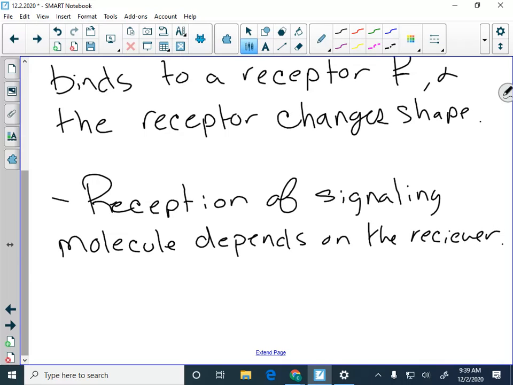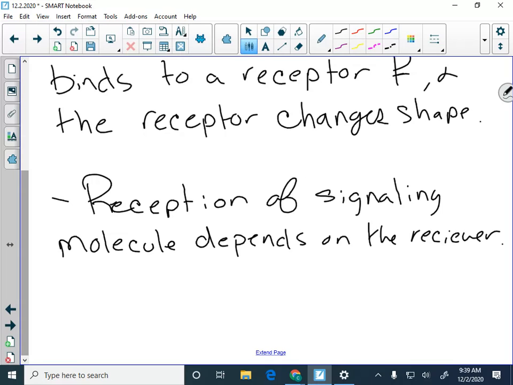We talked about how in yeast cells we've got 2 mating types, alpha and A, and the alpha cells release a signal that only the A cells have receptors for, and the A cells release a signal that only the alpha cells have receptors for. So unless a cell has a receptor to receive this signaling molecule, nothing happens. The receptor is responsible for the continuation of the signaling process.